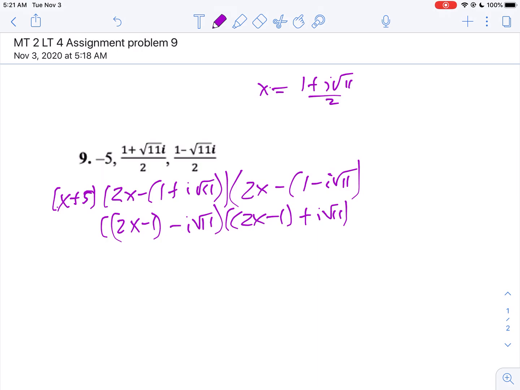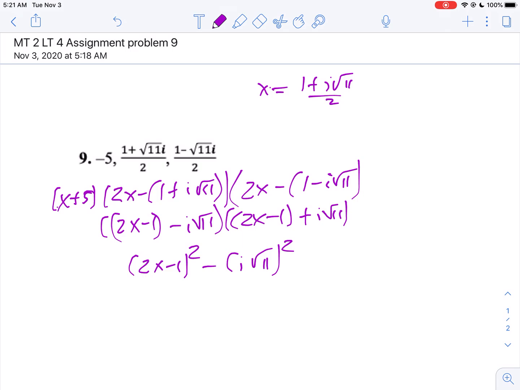Well, if I multiply that, that's the same as 2x minus 1 squared minus i squared root of 11 squared.